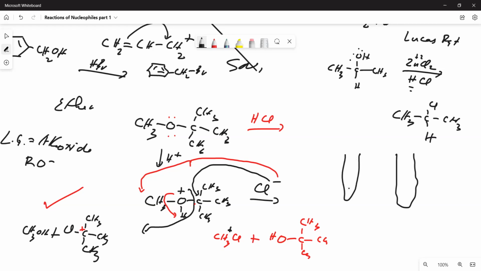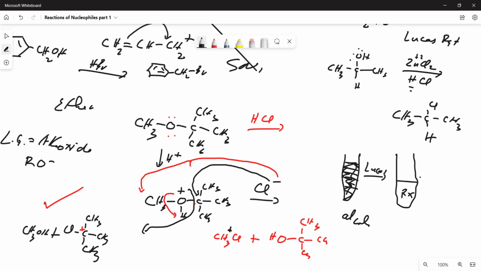Say if that is pure alcohol, and then you add the Lucas reagent. If alkyl halide is formed, there is a layer. So this will be your alkyl halide that is not soluble in water.